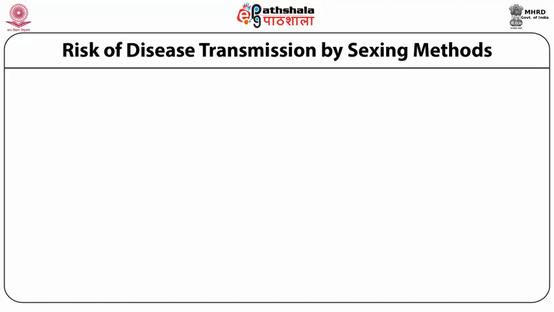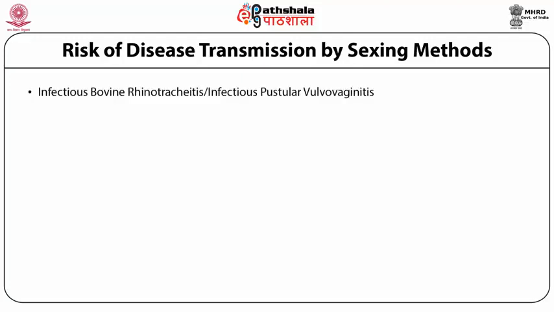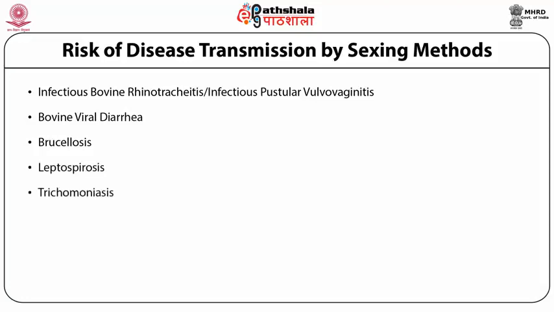Important pathogens which can cause contamination of sperm or embryo are infectious bovine rhinotracheitis, infectious pustular vulvovaginitis, bovine viral diarrhea, brucellosis, leptospirosis, trichomoniasis, foot and mouth disease, mycoplasmosis, swine erysipelas, and hog cholera.